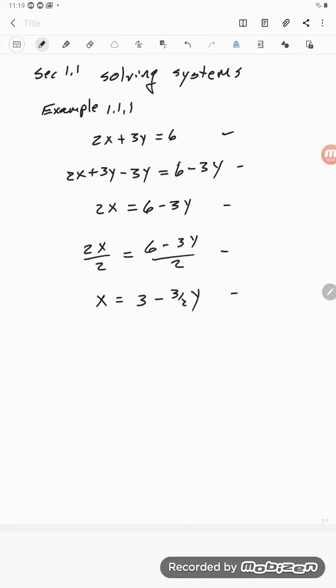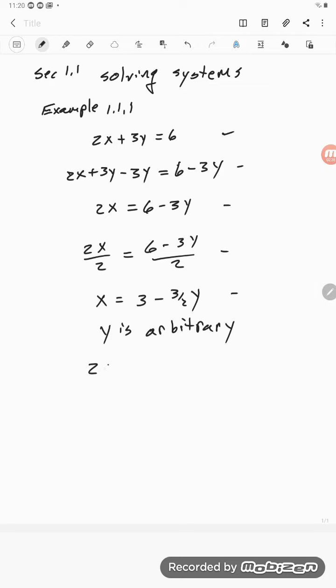That's also equivalent. And what we see here is that x can be defined in terms of y, but y is arbitrary. I can pick any y I want. Now, that's not the way we usually think of this up until this class, right? Normally, we would have solved for y, and so we could do that.